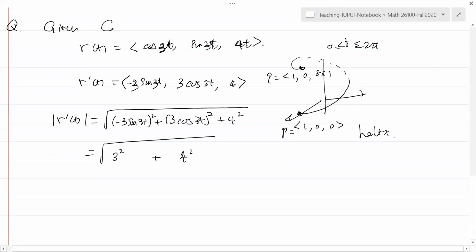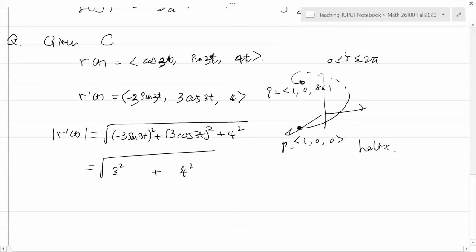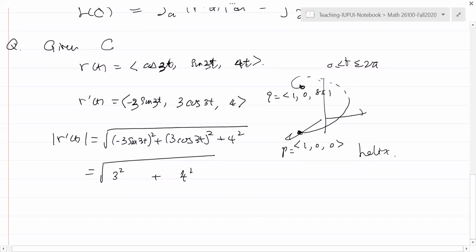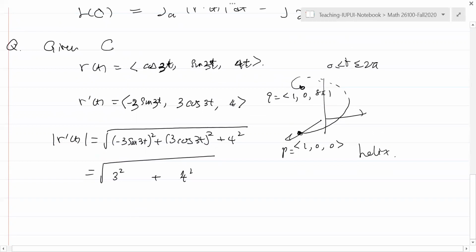Hey, Professor, do you mind going through those steps? We had a similar problem in the last class, and do you mind doing the steps for that simplification, please? Oh, how did I get a 3 squared? Because I know that sine squared x plus cosine squared x equals 1.